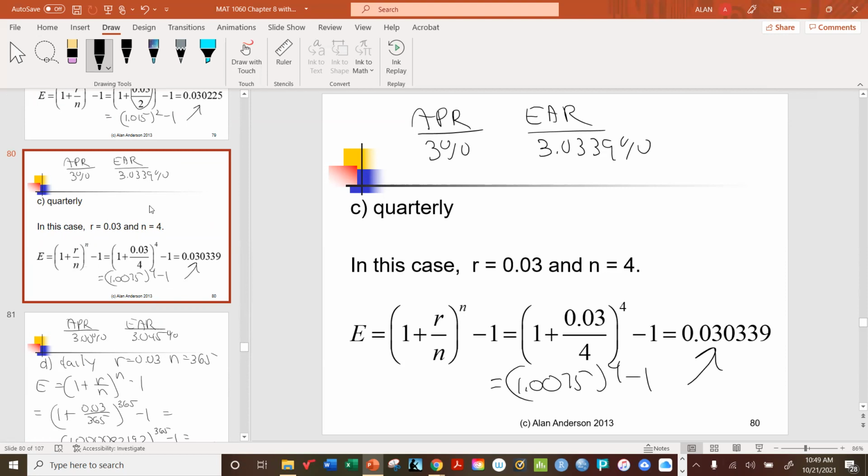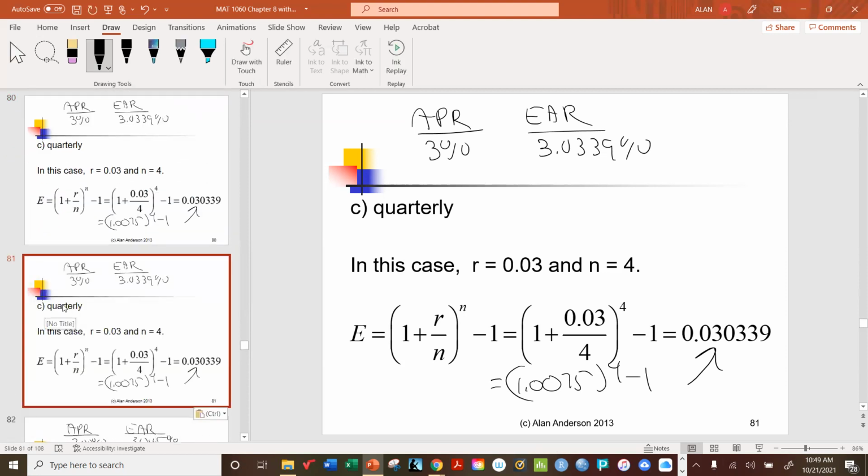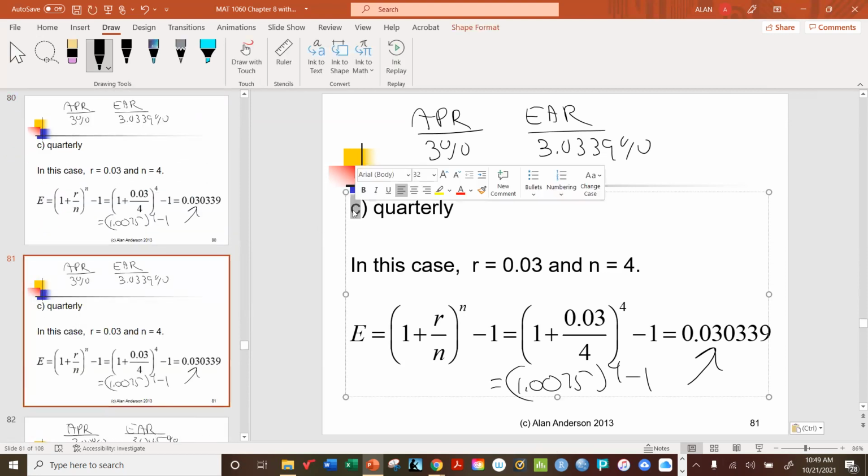All right. Now, this one isn't already in the slide, so I'm going to put it together right now.